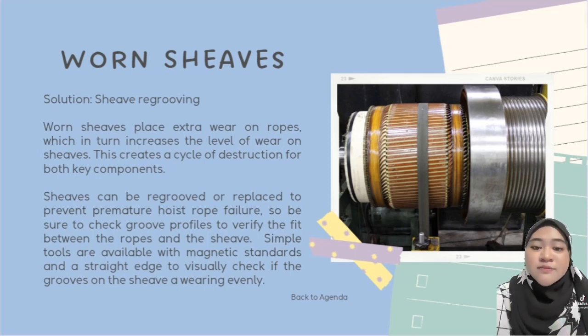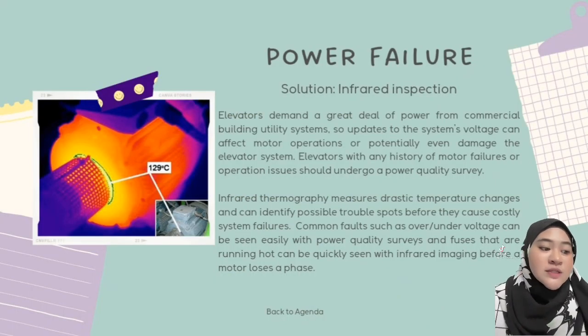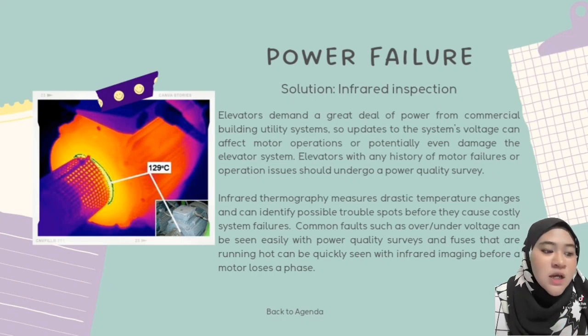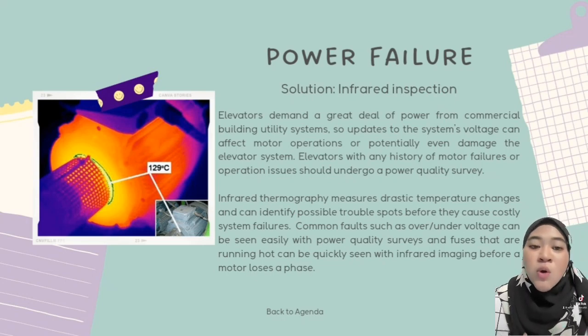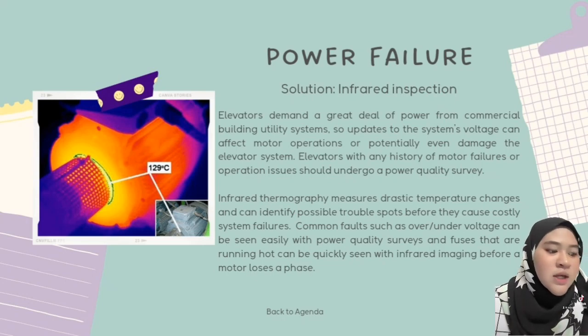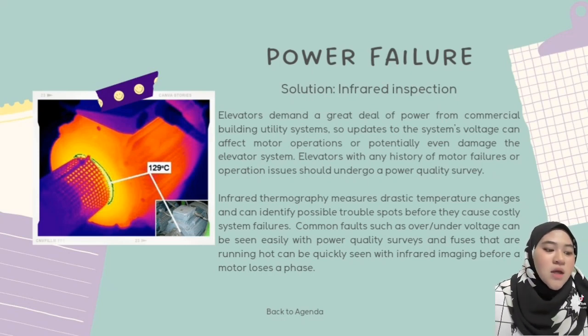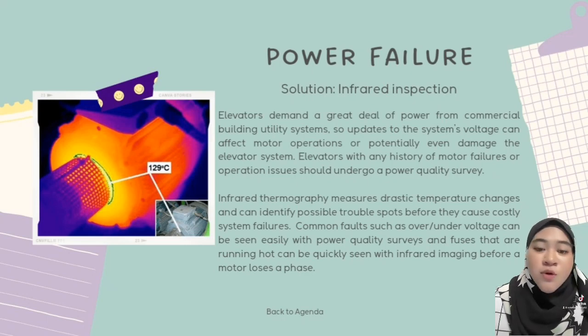Another common problem is power failure. Elevators demand a great deal of power from a commercial building's utility system. So fluctuations in the system voltage can affect motor operation or potentially even damage the elevator system. Elevators with any history of motor failure or operation issues should undergo a power quality survey.